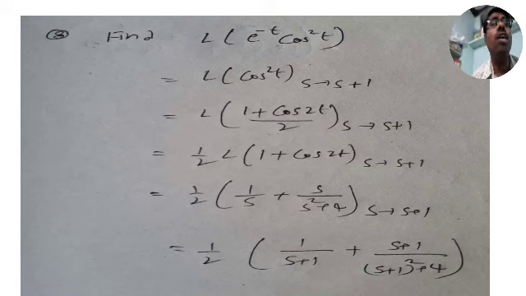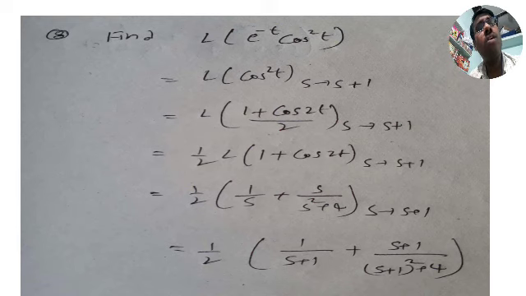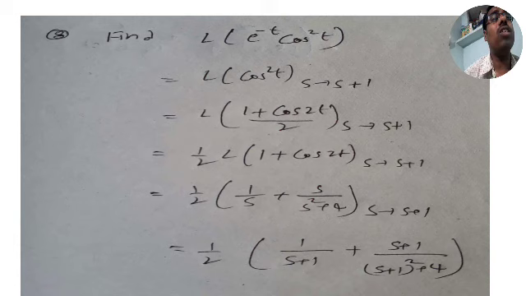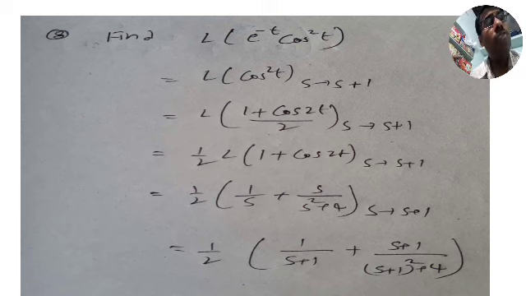Now see what the problem is here. The problem is L of e power of minus t into cos squared t. It is a product of two functions and the first one is e power of minus t. Then you can apply the first shifting theorem.